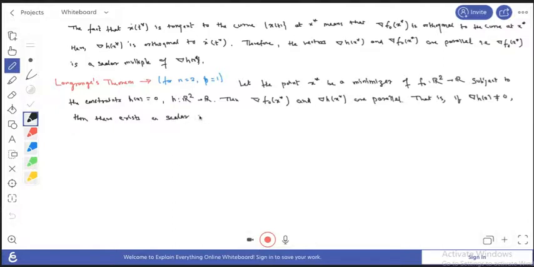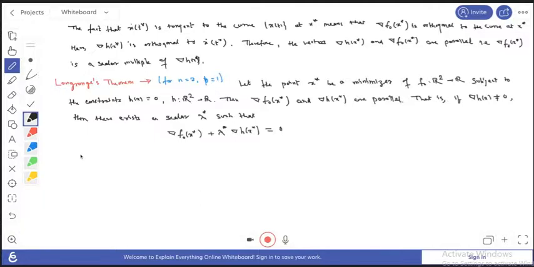Okay, and that scalar is, we take that lambda star, because this is a problem of minimizer, the optimum solution, so we can write here lambda star. This says that the gradient of f naught at x star plus lambda star times the gradient of h at x star equals 0.